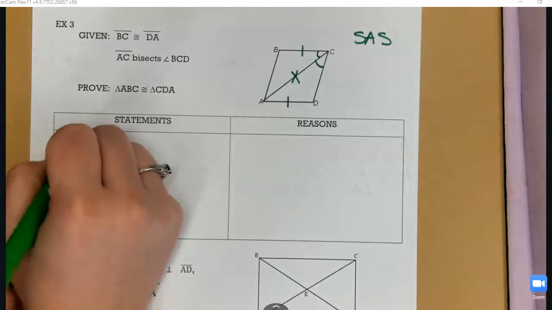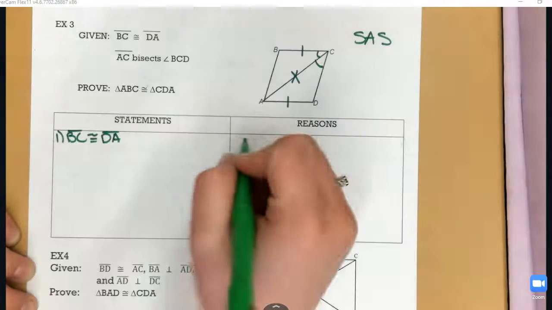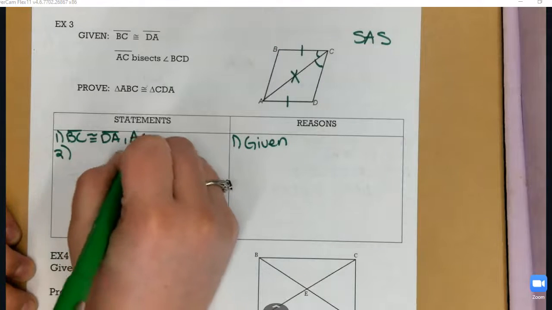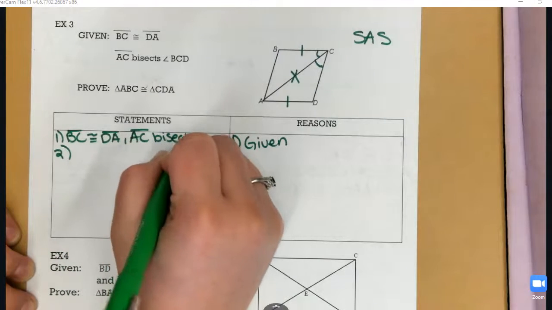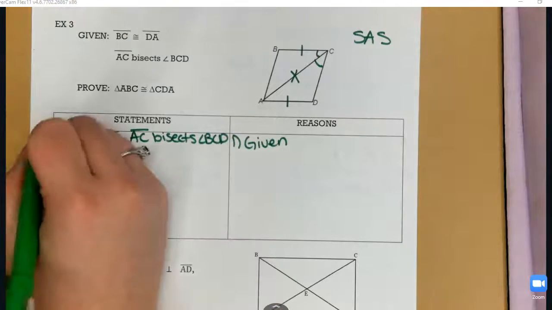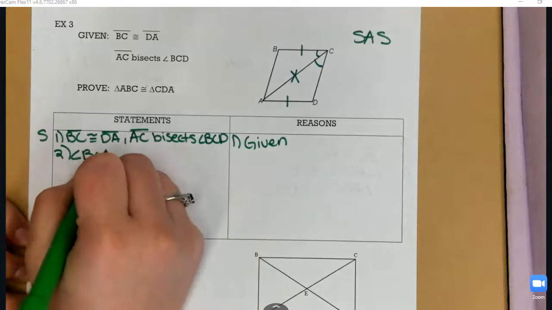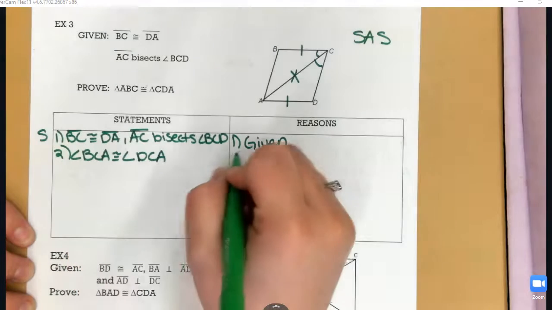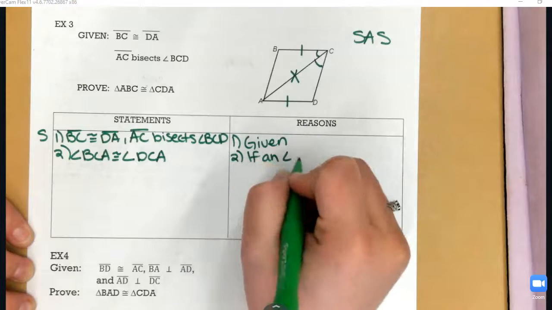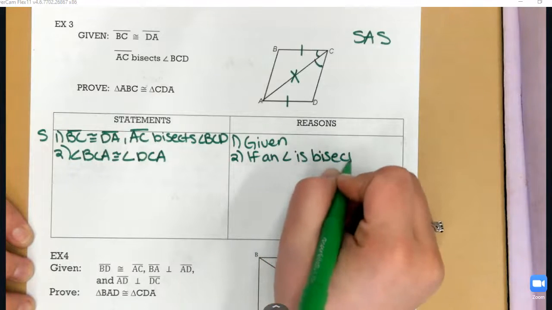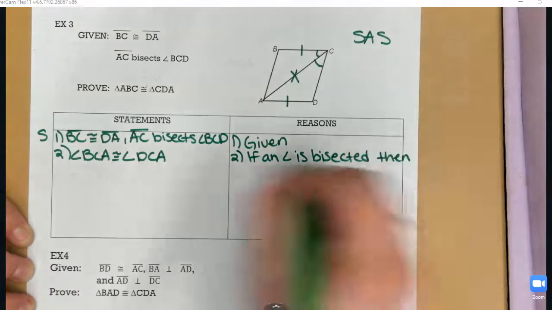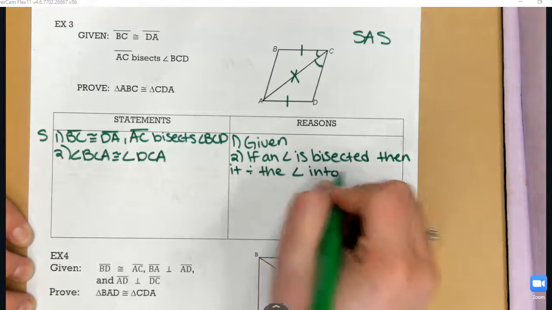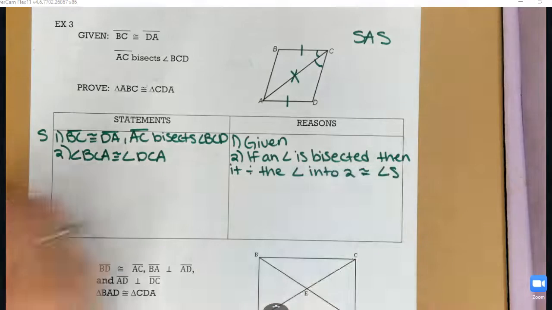So BC is congruent to DA. That was given. Also AC bisecting angle BCD was given. So there's my first set of sides. Angle BCA is congruent to angle DCA because if an angle is bisected, then it divides the angle into two congruent angles.